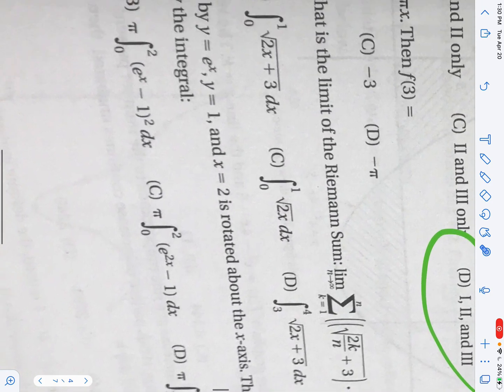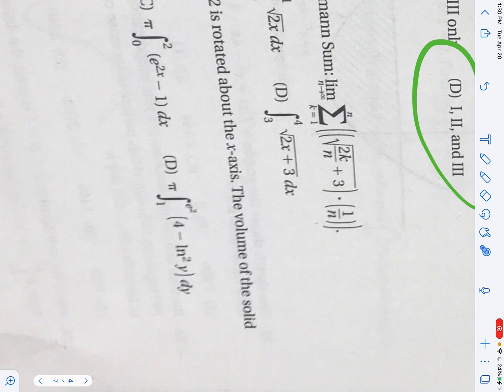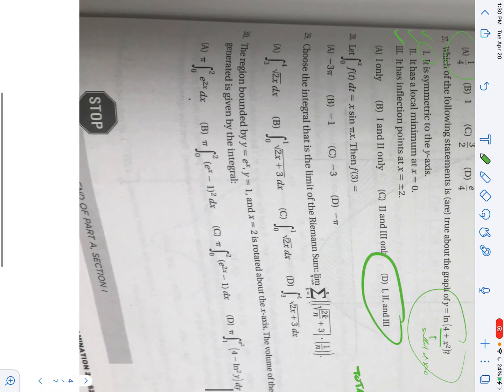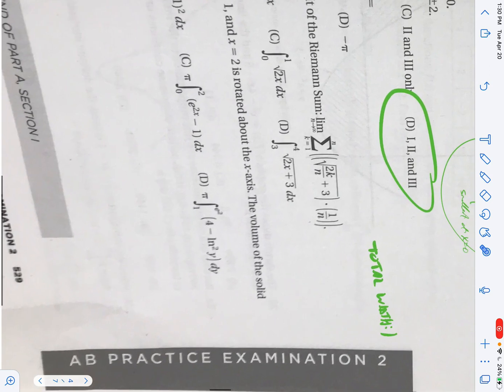So one thing I'll point out right away is we're adding together n things, and each one has a width of 1 over n. So we can just make a little note that the total width is 1. There are n of them, the total width is 1. So that's consistent with all of these. All of these are integrating over some interval with a width of 1.